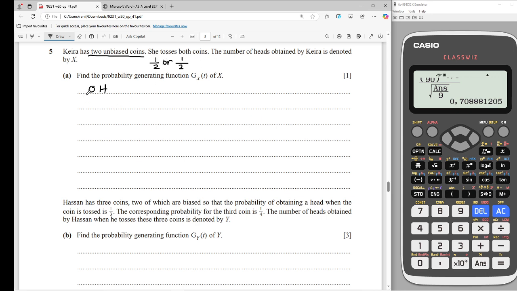So 1 by 2 times 1 by 2, 1 by 4. Probability of getting exactly one head would be 1 by 2 times 1 by 2 times 2, which is going to be 1 by 2. It's quite weird, but it is rather simple when you think about it.